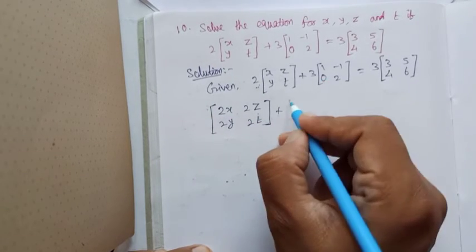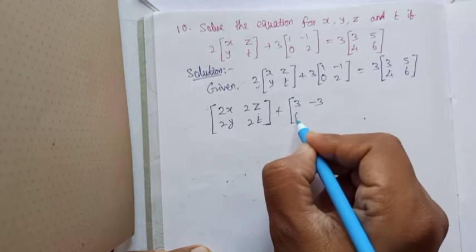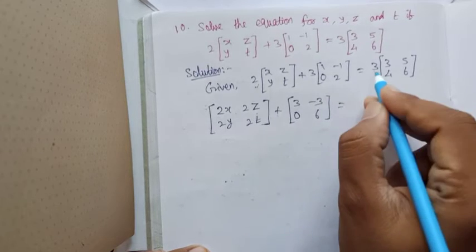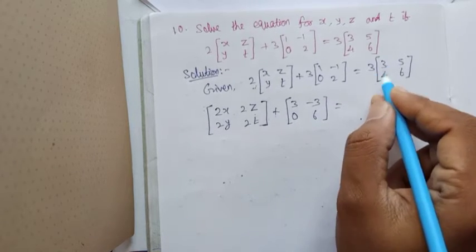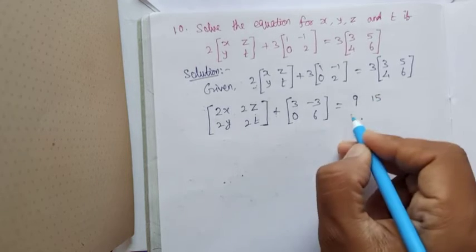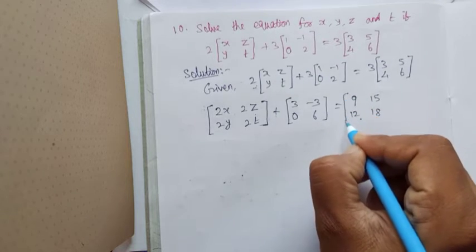Plus 3 multiplied in the second matrix: 3 ones are 3 and minus 3, 3 into 0 is 0, 3 twos are 6. And the right side matrix, you multiply by the scalar 3. So 3 threes are 9, 3 fives are 15, 3 fours are 12, and 3 sixes are 18.